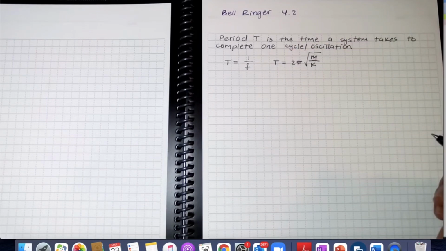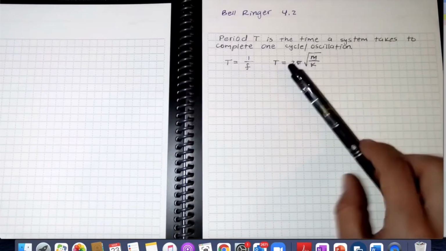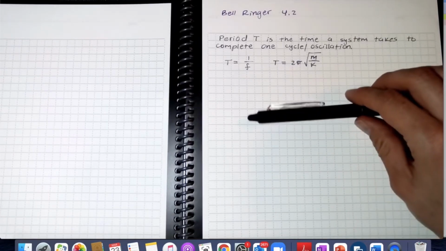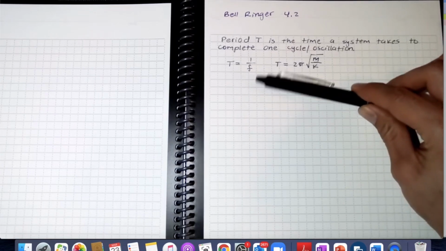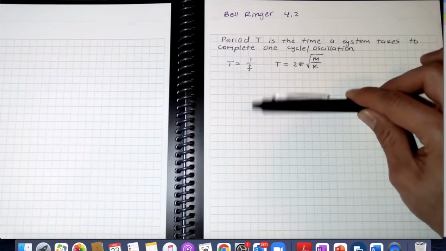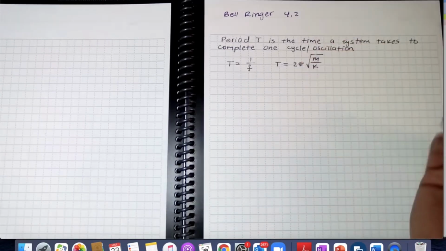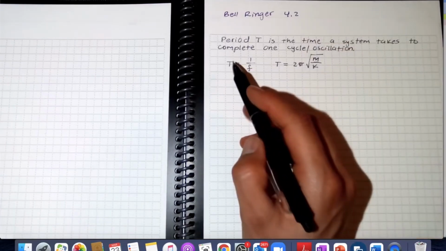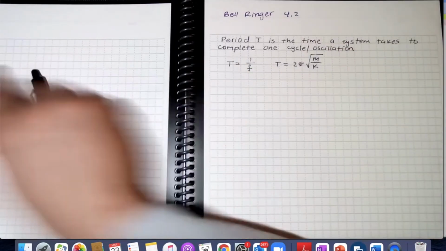If it's going slower, then the period increases. It takes more time to complete one oscillation. So let's say if this is oscillating like that, and then we put another mass, so it's harder to move. So the period increases.